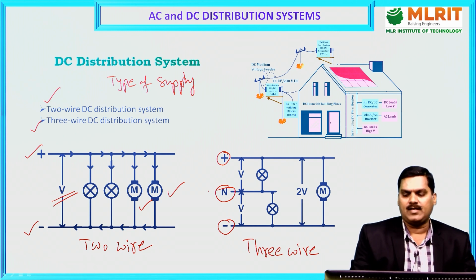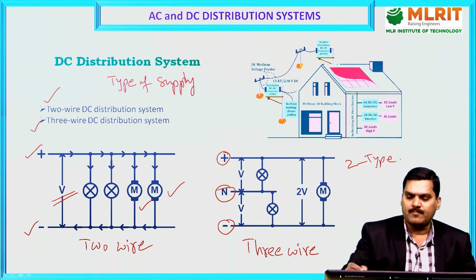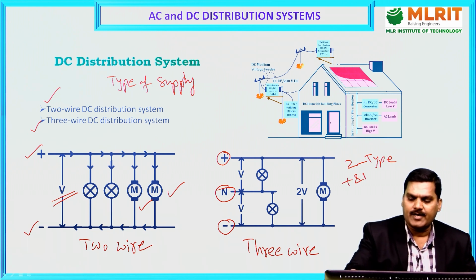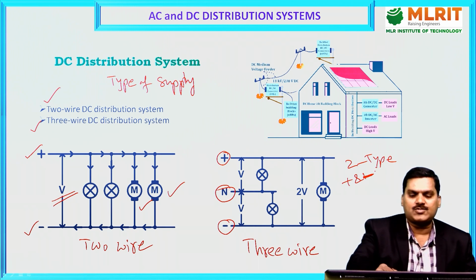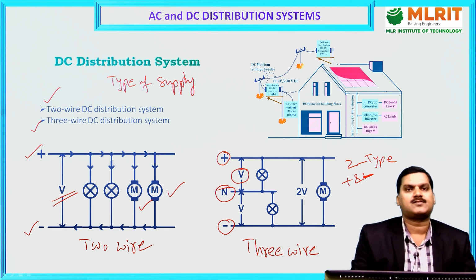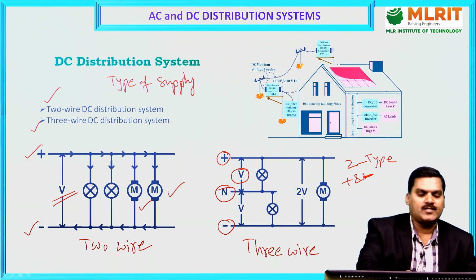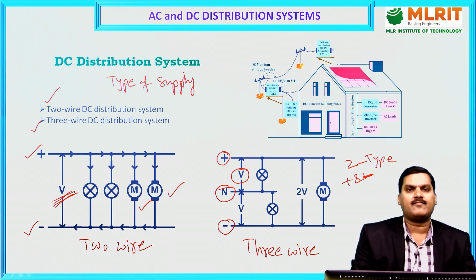So, in this 3-wire system, two types of voltage exist: between positive and negative, one type of voltage will exist, and between positive and neutral, one more type of voltage will exist. Whereas in the 2-wire system only one kind of voltage will exist.